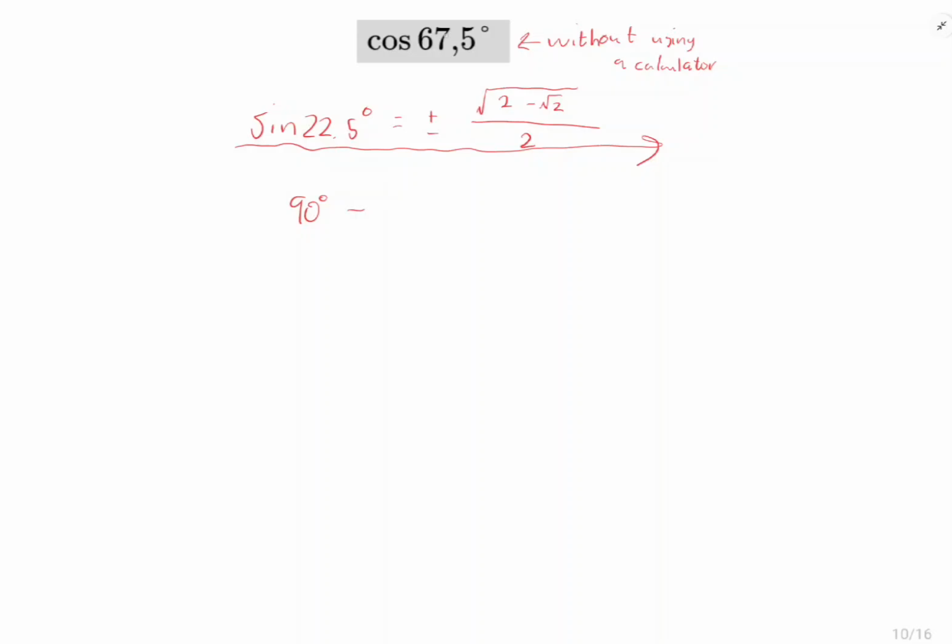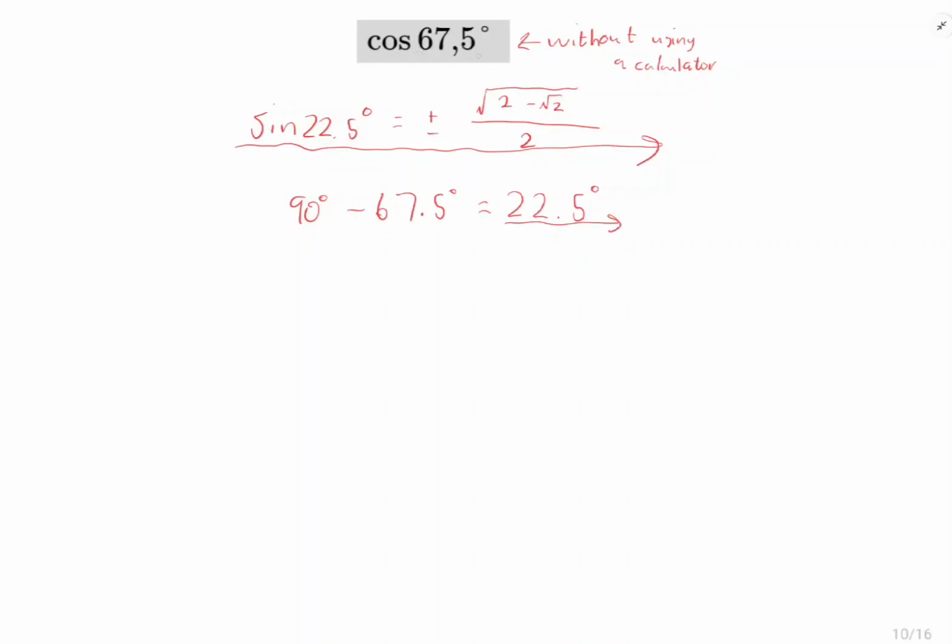90 degrees minus this angle over here, 67.5 degrees, is equal to 22.5 degrees. So we can work with this because we already worked with it when we were trying to solve for sine 22.5 degrees, right?